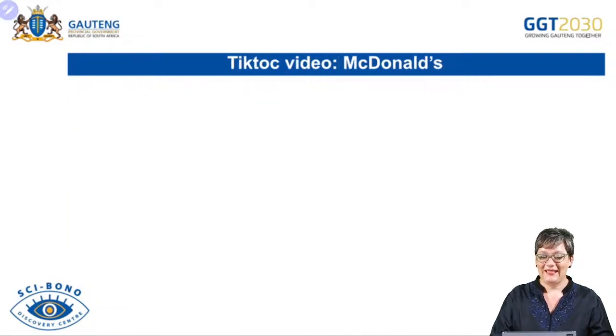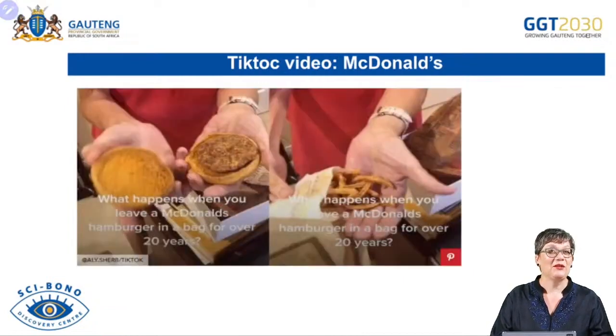So what happened next was that Burger King jumped on the bandwagon as well. And they decided then to create an advertisement to show that their burgers actually do rot. Because McDonald's, well, the food is not rotting, which means there's so many preservatives in there.